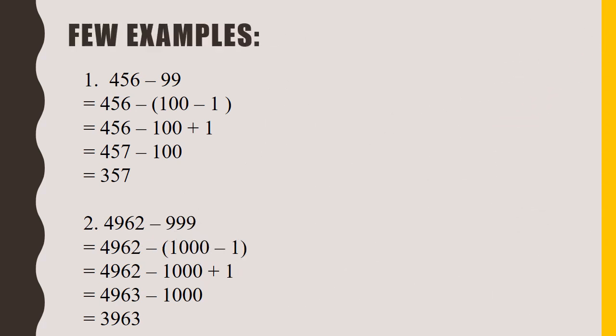Now, like we did in the addition properties also, let's see 456 minus 99. What are we going to do? We will write 99 as 100 minus 1. And then in the next step, we open the brackets. When we open the bracket, the minus sign inside the bracket turns out to be positive.